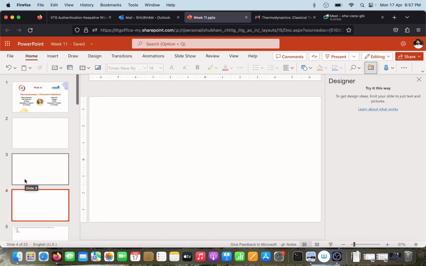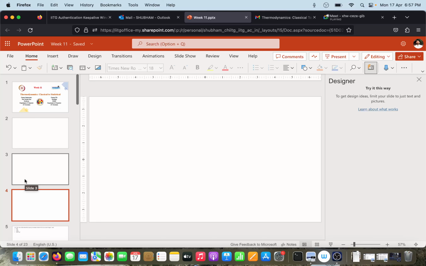Three into 2 into 6.023 is 36.132 into 10 to the power 23, and the denominator it is 8 into 3.14 into 26.1. This is 655.632 into 10 to the power minus 6.